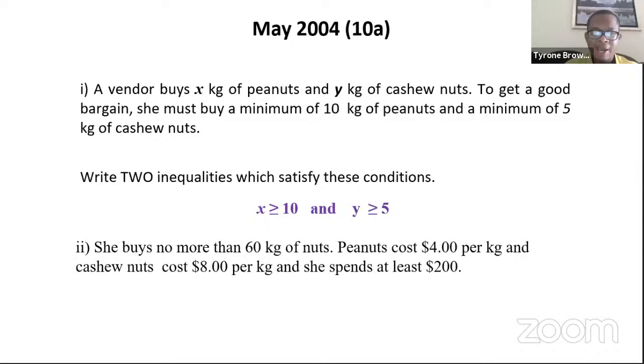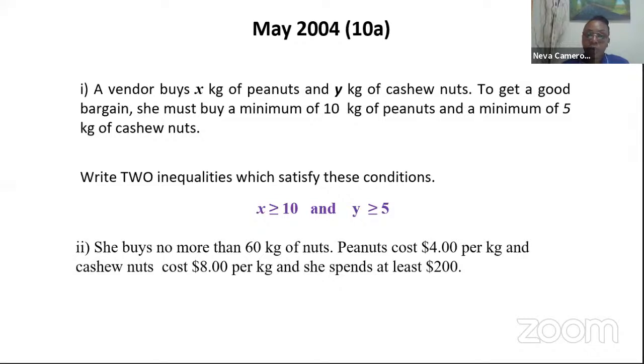I'm seeing in the chat x is less than or equal to 60. All right, Franklin, what we're doing is just writing the inequalities. Brittany was saying x is less than or equal to 60. But I want to ask Brittany first, while she thinks about it, are we only buying peanuts? No, the big heading here is nuts, but we have two sets of nuts.